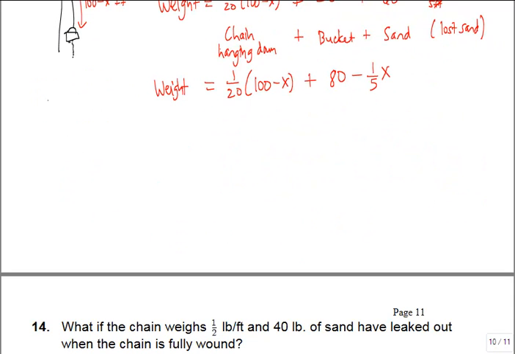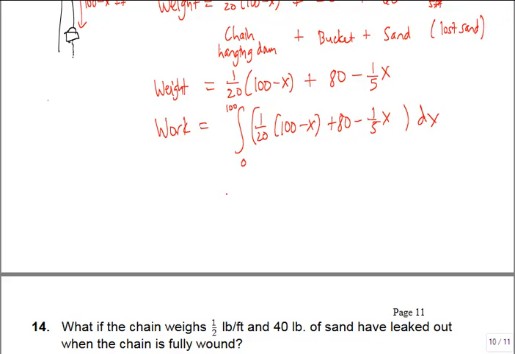So the work integral is going to be the integral of all of this stuff times dx. There's our weight times our distance. And our bounds here, we want to wind up this entire chain, so we're going all the way from 0 to 100. So the integral here would be 1/20th times 100x minus x squared over 2 plus 80x minus 1/5 times x squared over 2.